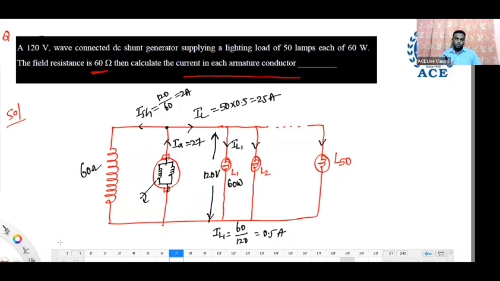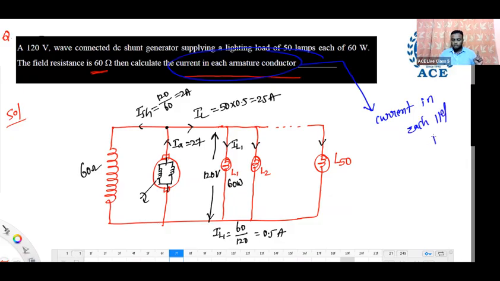But the question is what? Not armature current, but the current in each armature conductor. Previously in lap winding I gave current in one conductor, nothing but current in parallel path. Both are same. Current in each armature conductor is nothing but current in each parallel path.